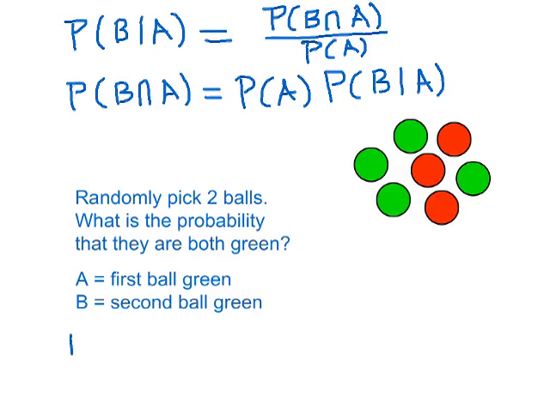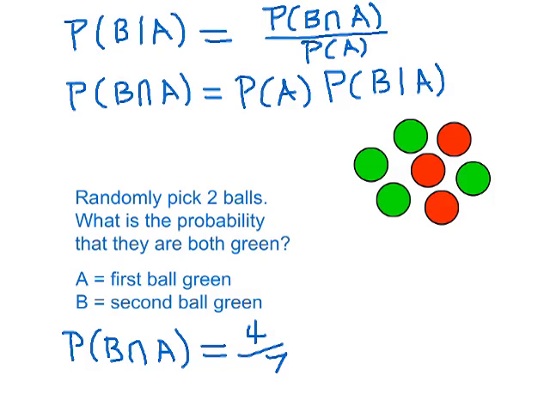In that case, the probability of B intersect A just calculates the probability that both balls are green, the second ball green and the first ball green. And the equation says that's probability of A, which is the probability the first ball is green. Now think about it. When you draw the first ball, you've got 7 balls to draw from, and 4 of them are green. So that's 4 chances in 7 for P of A. Probability first ball is green.